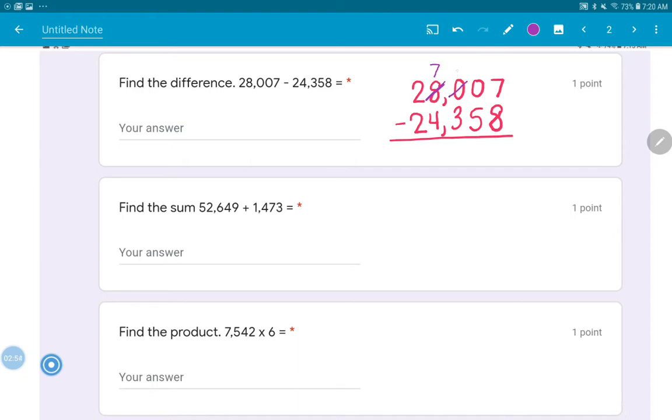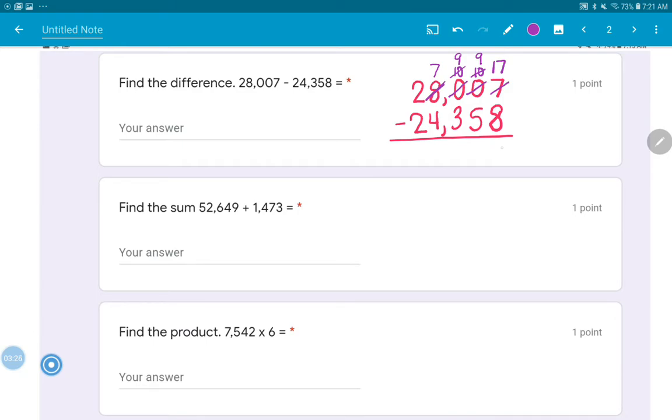I can trade 1,000 for 10 hundreds, but that doesn't help me in the ones place value, so I'm going to take one of those hundreds and make 10 tens, but that still doesn't help me, so I'm going to take one. Now I have 9 tens, and if I add 10 ones to my ones place value, I have 17. 10 plus the 7 I already have makes 17.